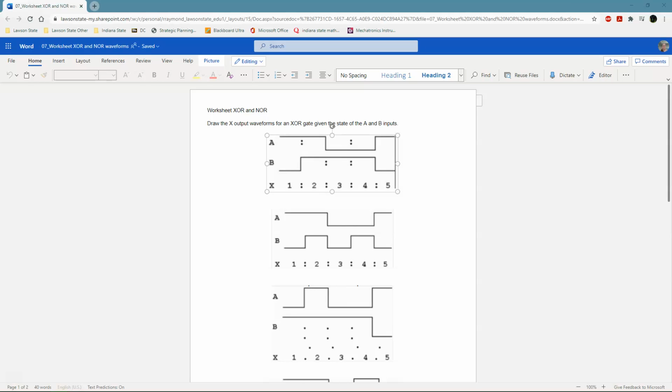All right, so for the very first one, what should my output look like?